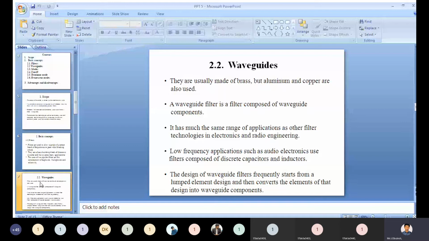Filters made from discrete components are sometimes called lumped element filters, to distinguish them. At still higher frequencies, the microwave bands, the design switches to waveguide filters, sometimes a combination of waveguides and transmission lines.